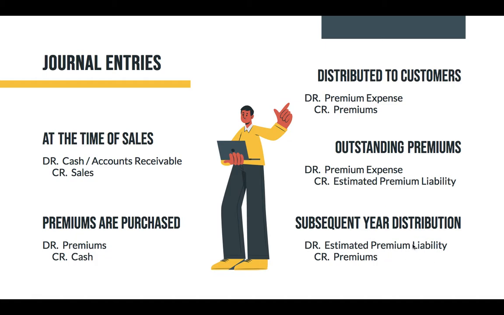We reduce our liability by debiting the estimated premium liability, and then we credit the premiums, the current asset account. So there are 5 dates that you need to remember on our journal entries.